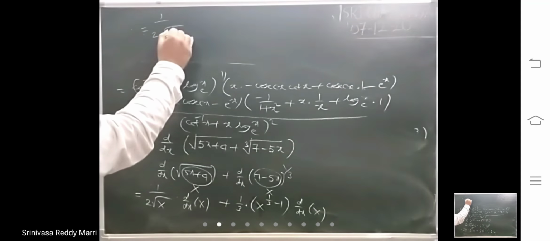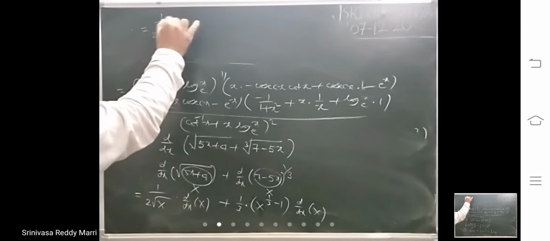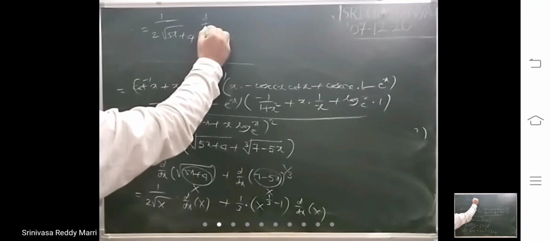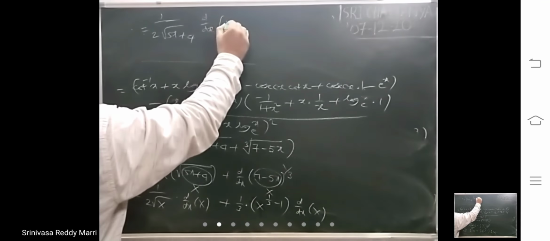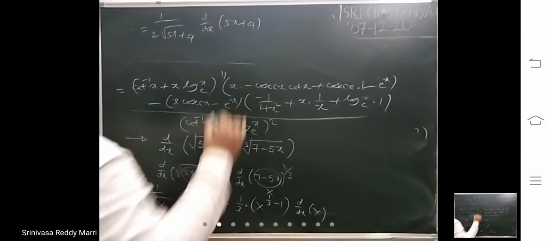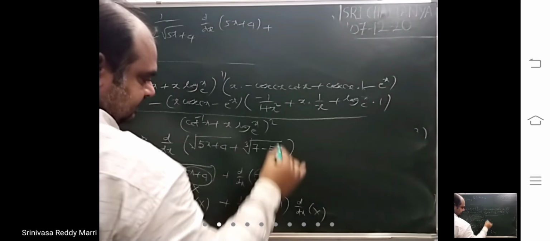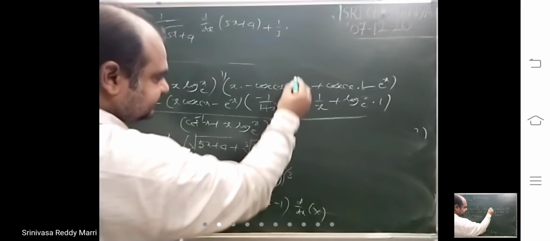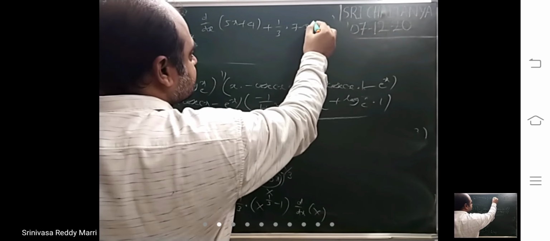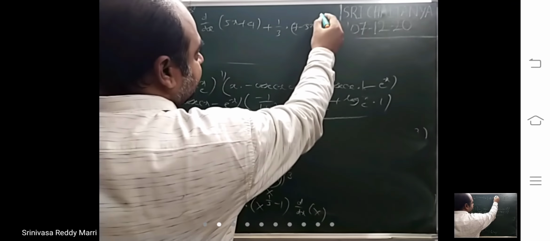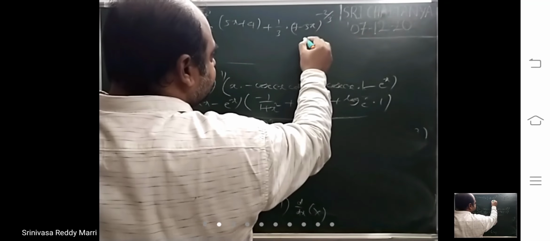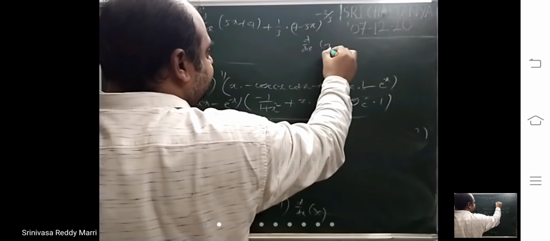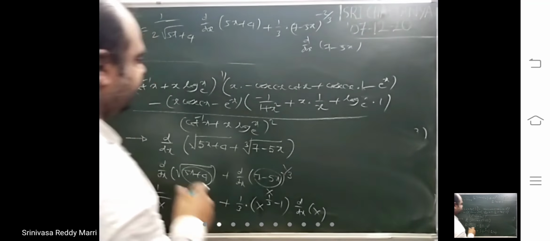1 by 2 root capital X, here is d by dx of 5x plus 4, plus 1 by 3 into capital X, which is 7 minus 5x, whole power 1 by 3 minus 1, into d by dx of 7 minus 5x.